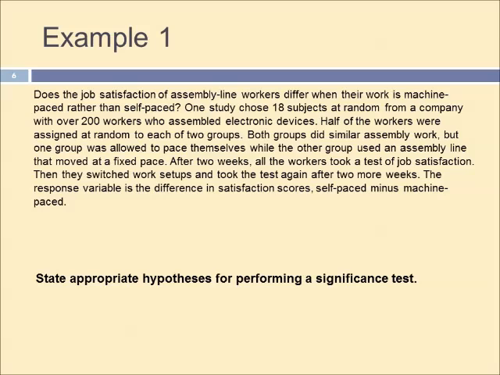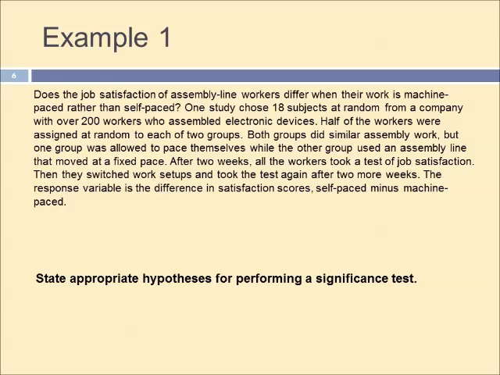Both groups did similar assembly work, but one group was allowed to pace themselves while the other group used an assembly line that moved at a fixed pace. After 2 weeks, all the workers took a test of job satisfaction. Then they switched work setups and took the test again after 2 more weeks. So everybody did everything. The response variable is the difference in satisfaction scores, self-paced minus machine-paced.